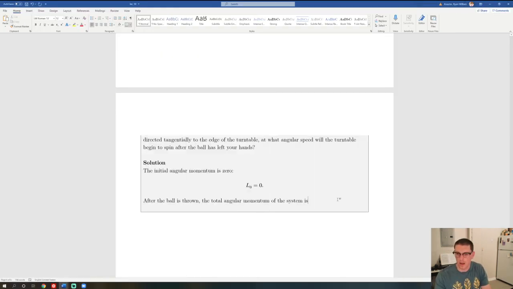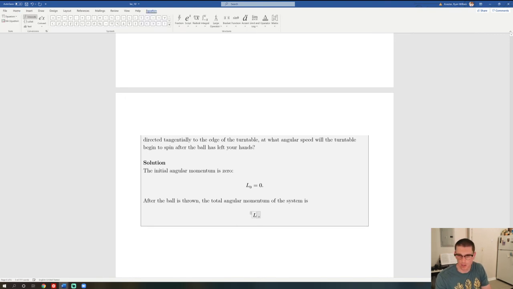And so now it is just L, and let's say this equals I omega minus R m V0 sine of 90 degrees, which of course is just I omega minus R m v naught.